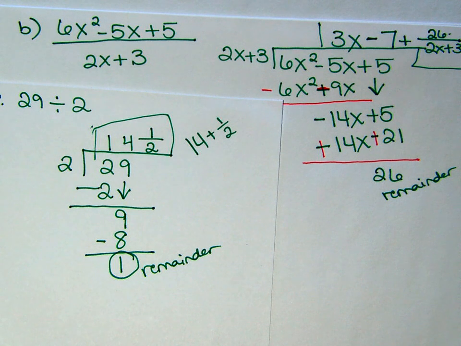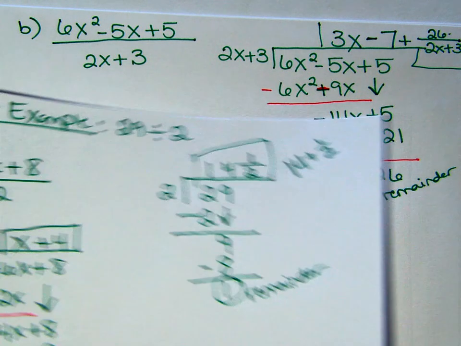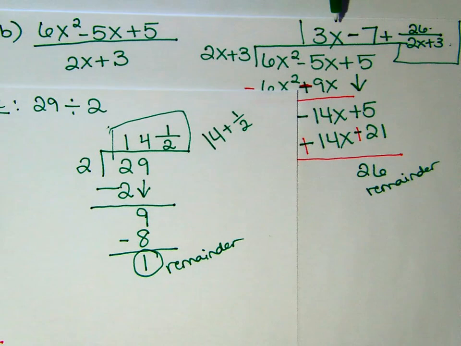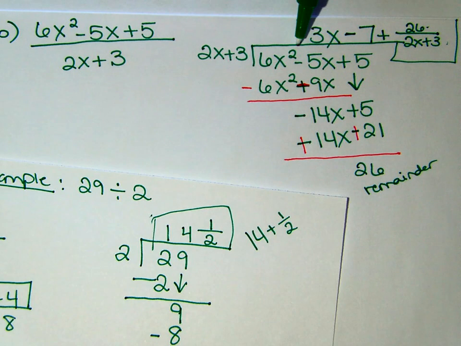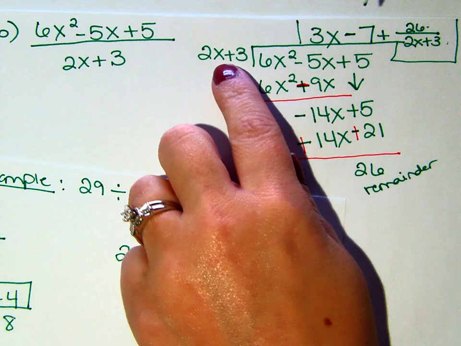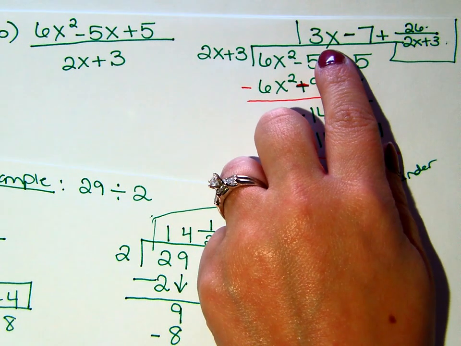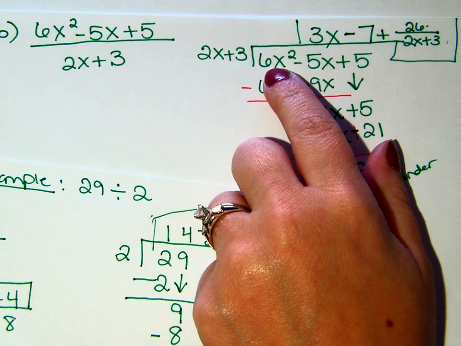So really what you're always going to see, regardless of if you have a remainder or not, notice what happens on top of our division. We had an x squared term that we're dividing by an x term, and we get an x term. That's because x times x gives me x squared. And then our next term is a constant term.